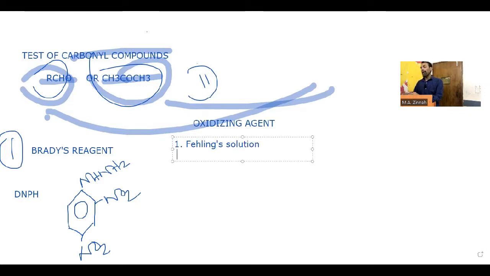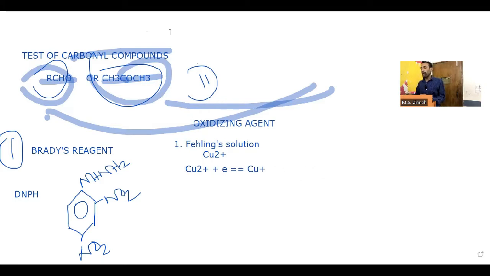Fehling solution contains copper 2 ions, with ammonia. Fehling solution is an oxidizing agent which gains electrons. When copper 2 gains electrons, it becomes copper 1 plus, a reddish precipitate.